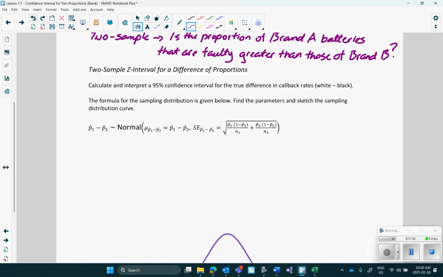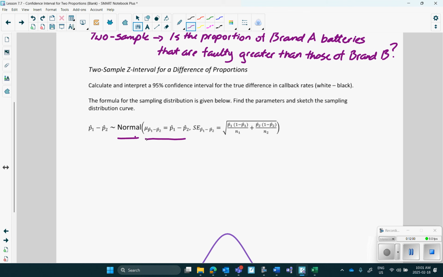Conditions must be satisfied. And then we can use these amounts. It's slightly different than one proportion. This is normal if all the sample sizes times their corresponding proportions are greater than or equal to 10. That means it's a normal distribution, and we can use normal calculations.